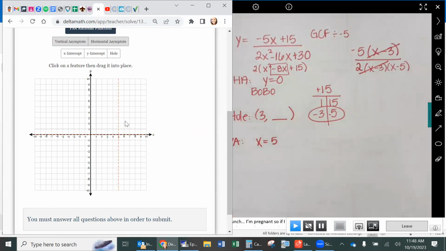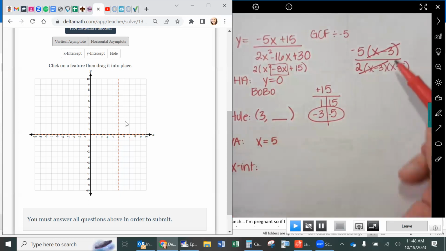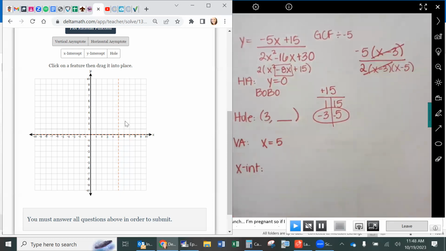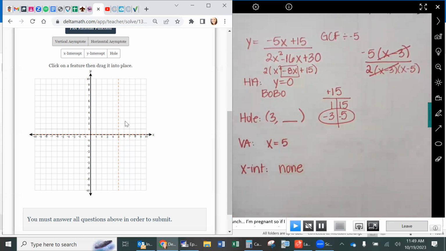Okay, any x-intercepts or x's left on top? Any x's left up here? So I'm gonna put none. That means I just won't click that feature. Okay, y-intercept is always 0's partner in the chart. So we're ready to find those 2 y-intercepts.